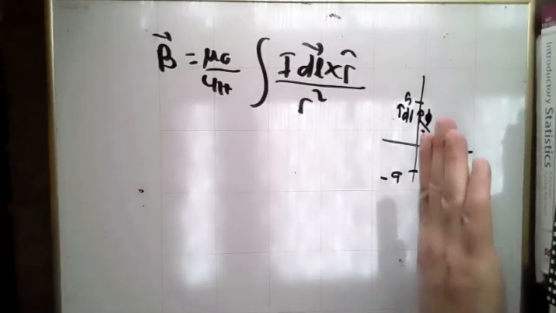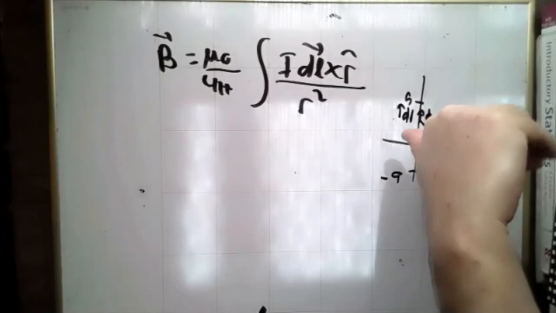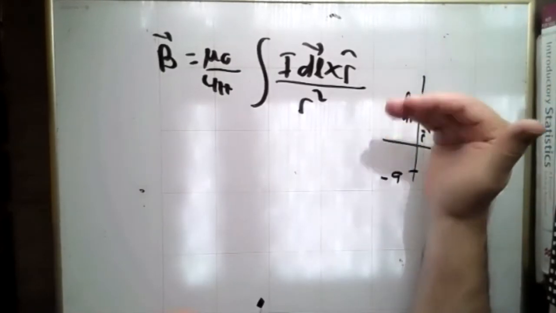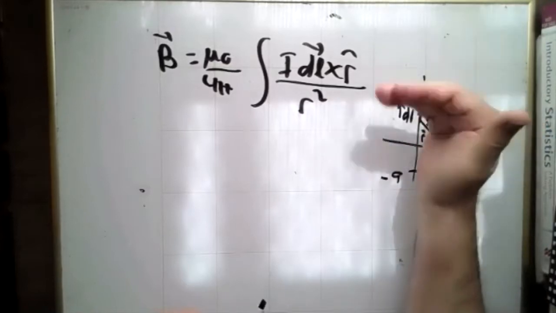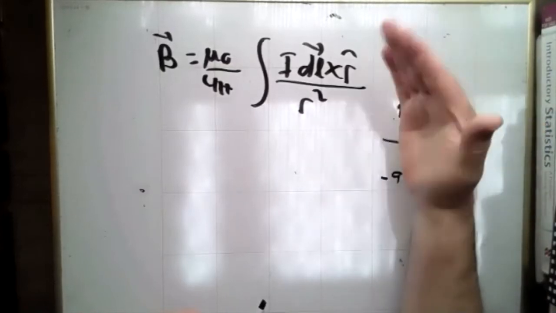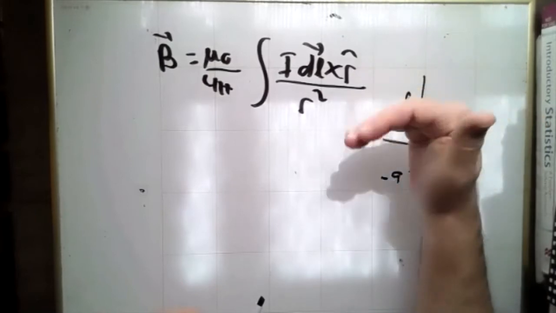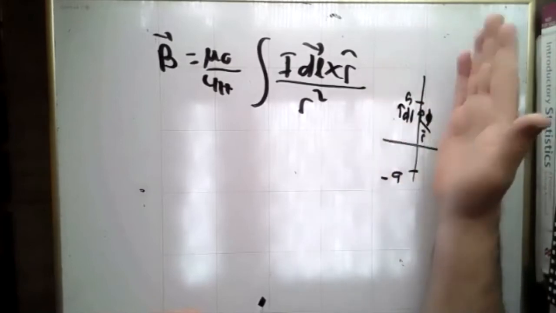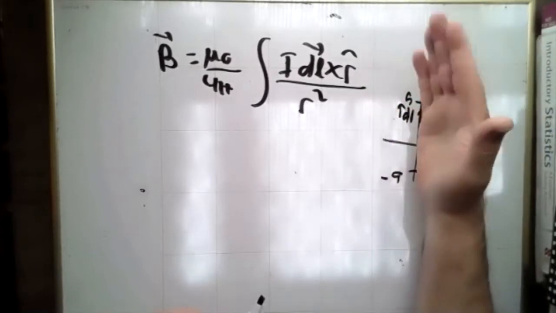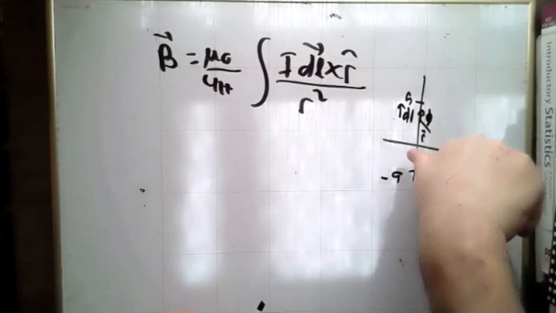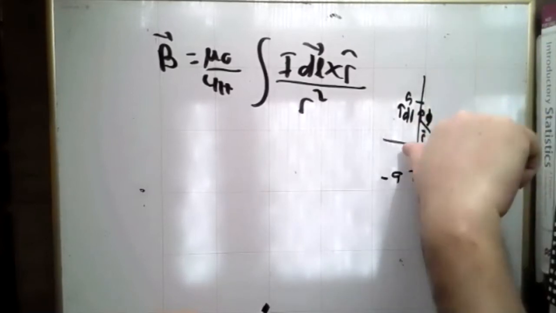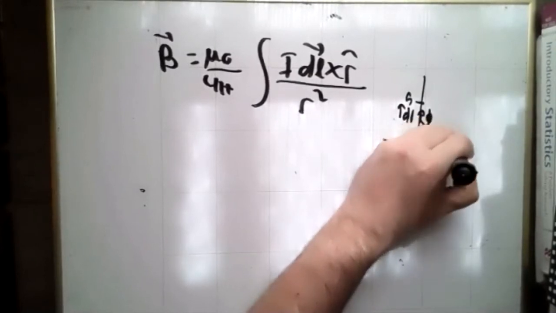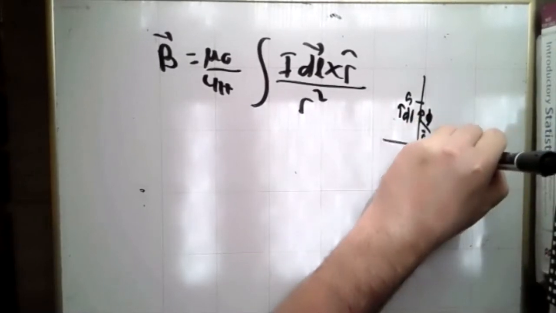So dl, I point my fingers in the direction of dl and curl towards r. See, I can't do that like this. If my thumb's pointing up, I'm not curling toward r. I'm curling away from r. When you curl your fingers, you want them to cover that angle. So I'm going away from angle phi there. Now I'm going through angle phi. My thumb points down. So over here at point P, the magnetic field points into the board.